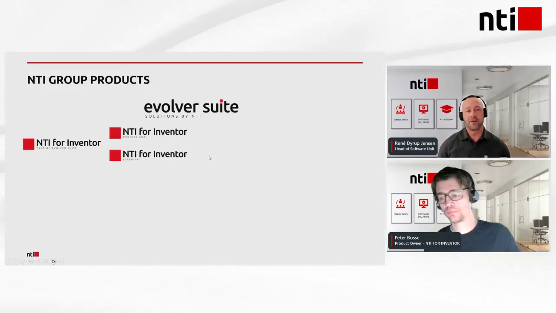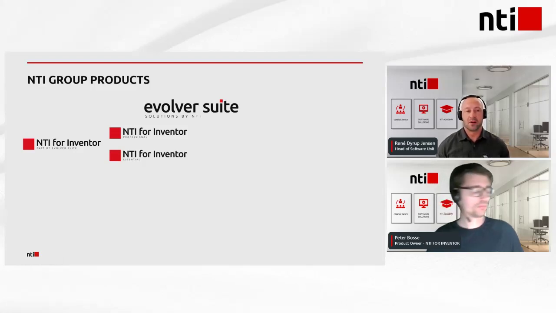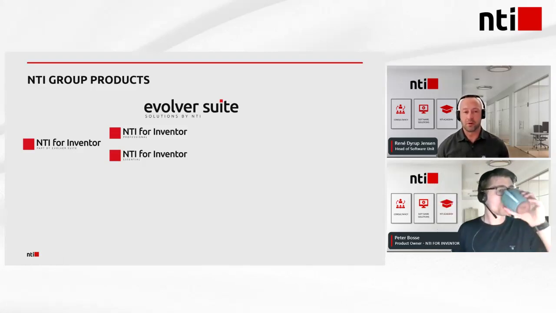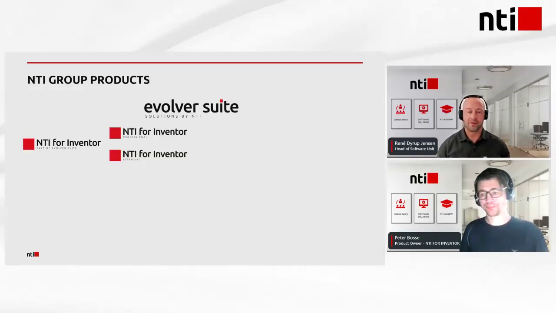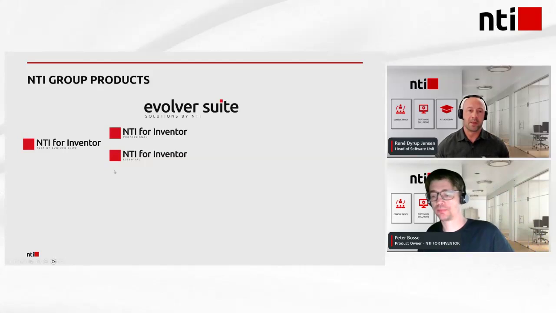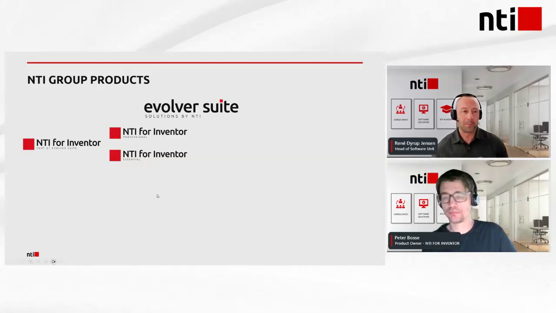On first hand, we have NTI for Inventor, which is basically just an add-in that we put on top of Inventor. It comes in 2 different flavors, a professional and an essential version. And of course, this is the product we will focus on today. So I will let Peter give you all the details in a moment.